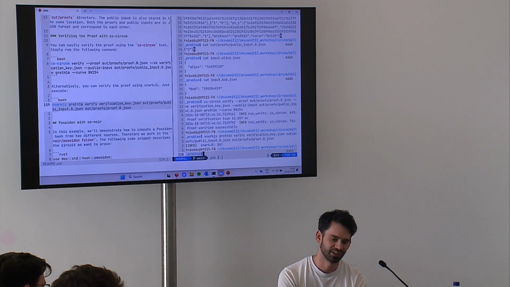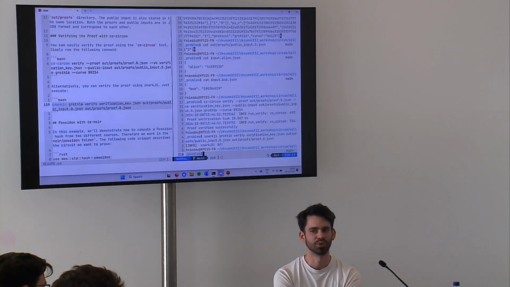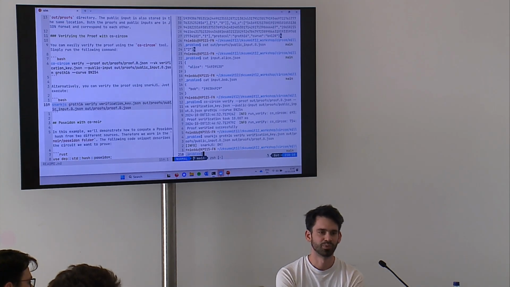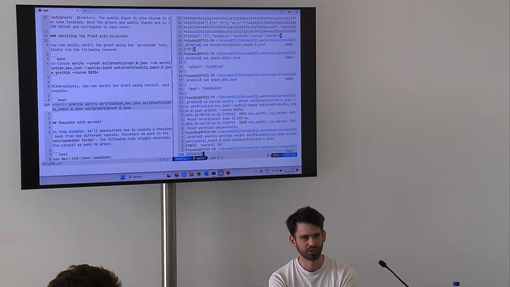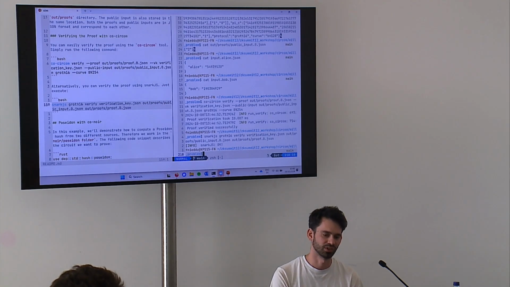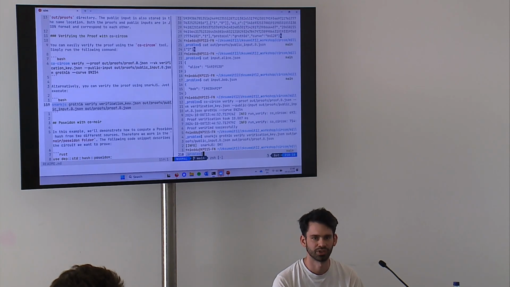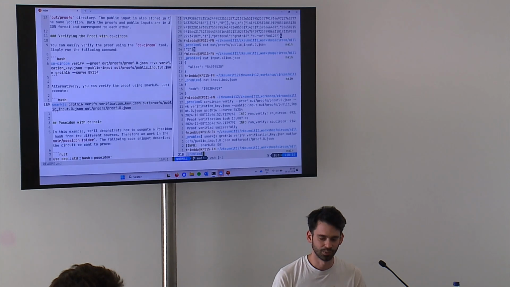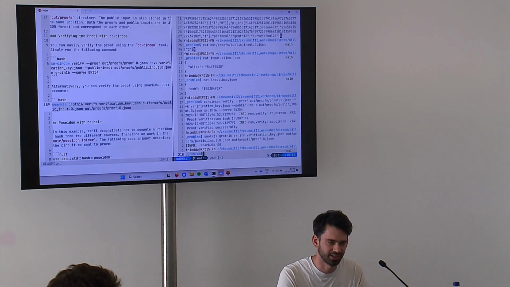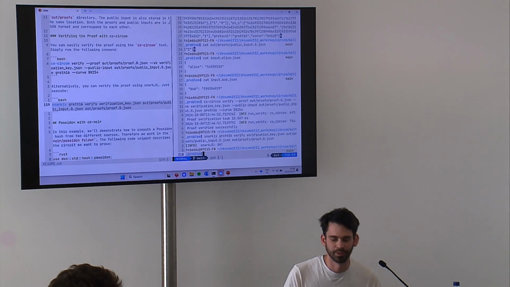And at least for this private shared state use case, we need a witness extension. For the proof delegation, we don't need it, because you can do the witness extension locally on your machine. They are usually not that computationally intensive, so that's not a big problem there. But still, this witness extension takes too long at the moment, and we are investigating how we can improve the performance here.